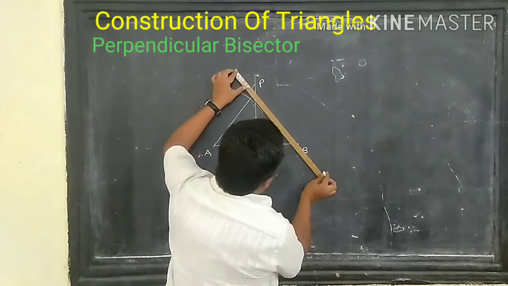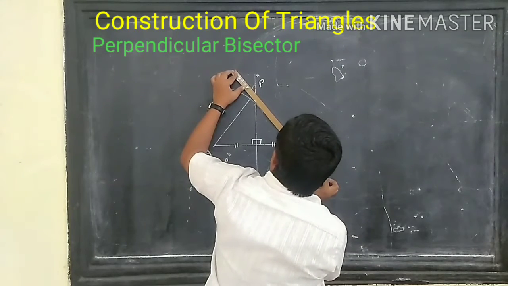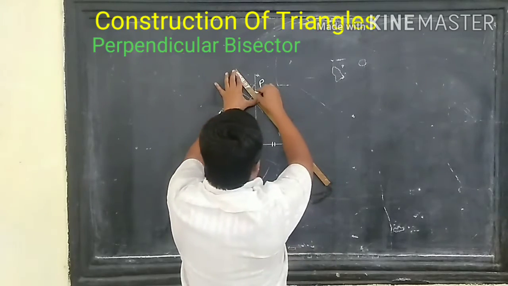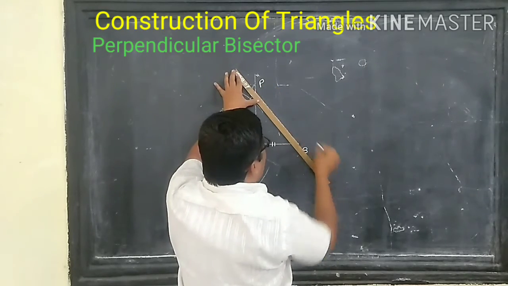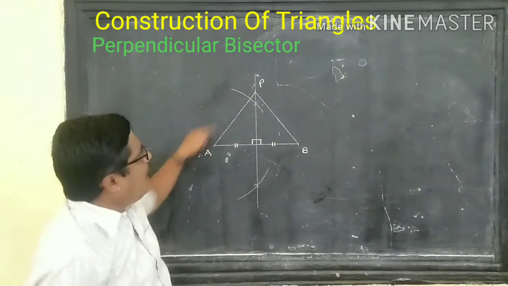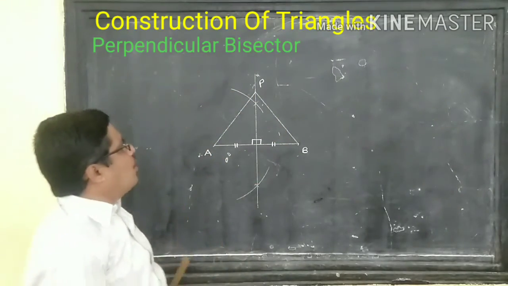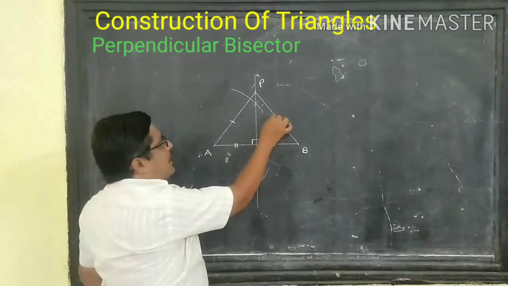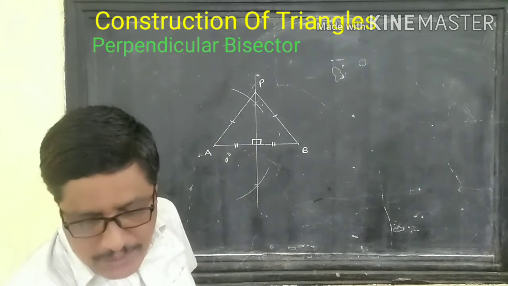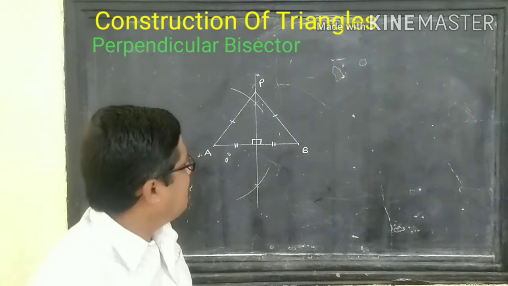in this way we can join. Now these two segments PA and PB will be congruent. Now we can check whether they are congruent or not by using divider.